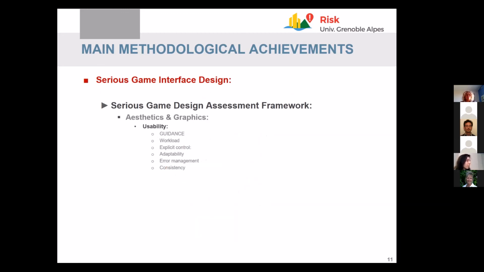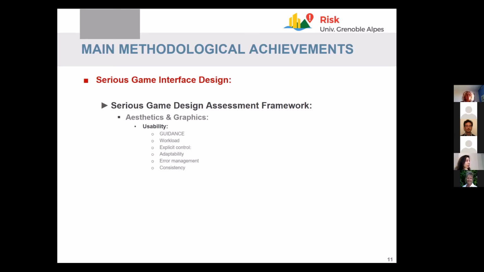In this part, we are looking more into usability. Usability covers the guidance, the workload of the game, whether it is adaptable or not, and also error management. There is a contradiction between usability in HCI and in serious game design.